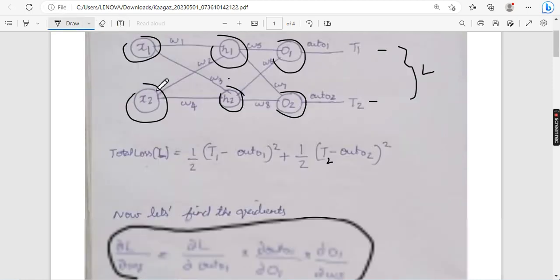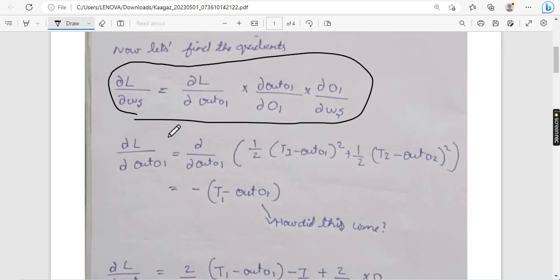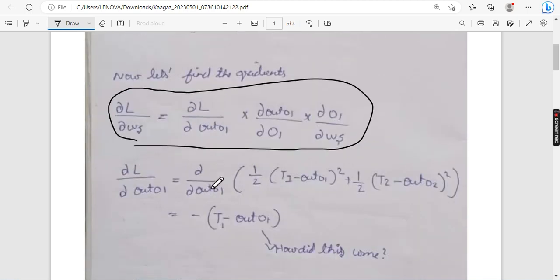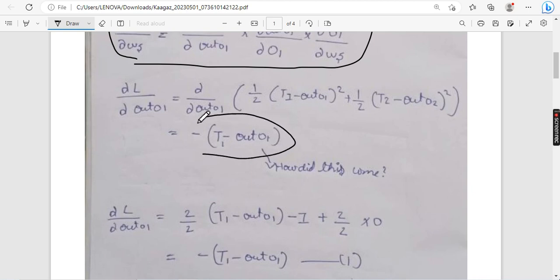Moving ahead, look at this. This is the loss function with respect to the out of O1, which I've just computed. We all know that the loss is nothing but the loss of T1 plus T2, the sum of the total T1 and T2, right? So that's what I have done here. Taking a derivative, I get this answer. How am I getting the answer? Look at here.